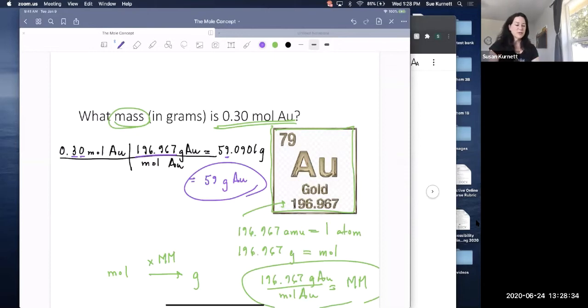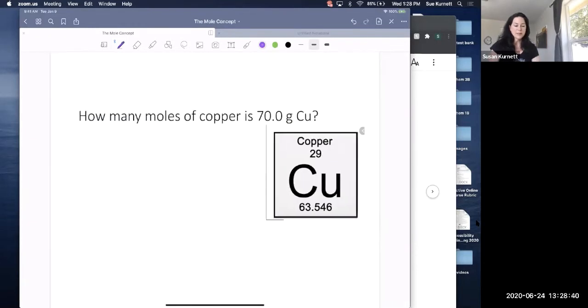Okay, so this was going from moles to grams, and we multiplied by the molar mass. On the next one, we're going to go from grams to moles, and now we divide by molar mass.